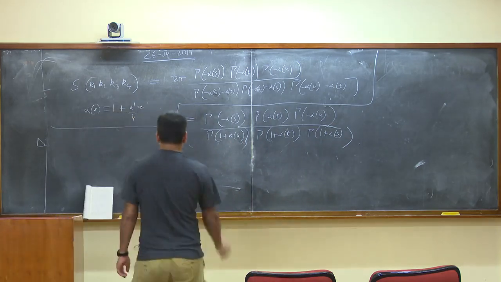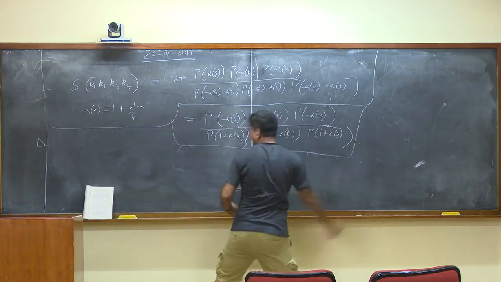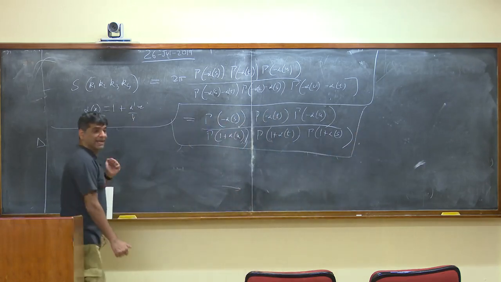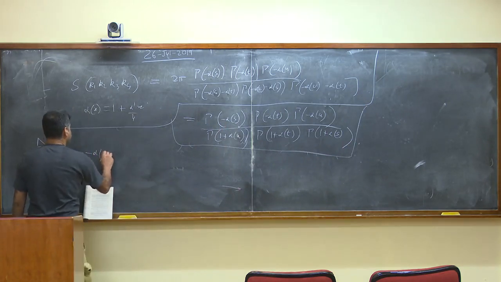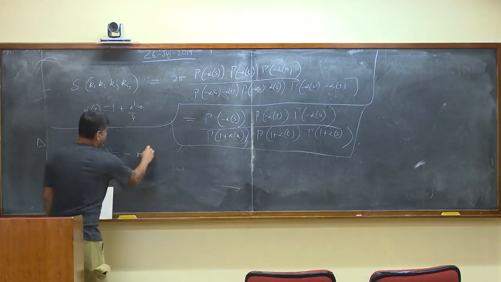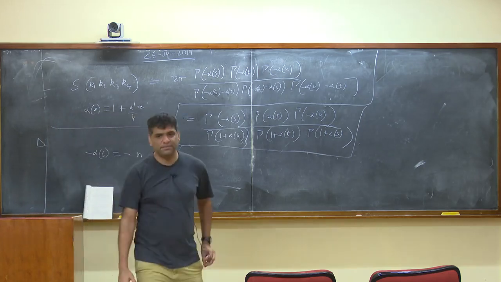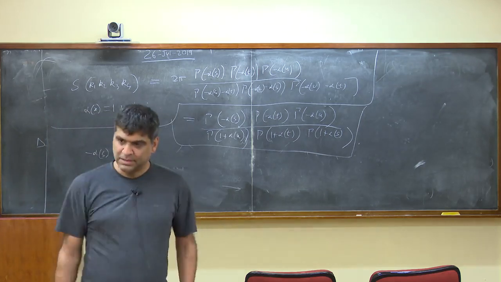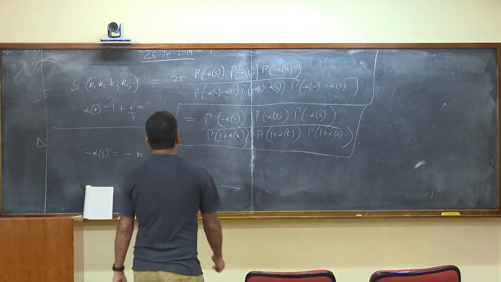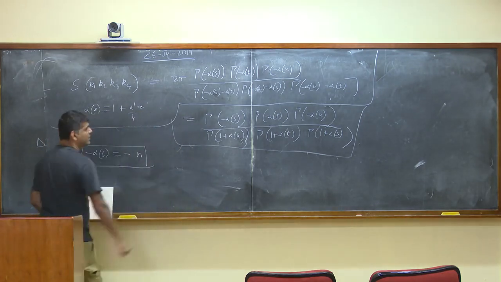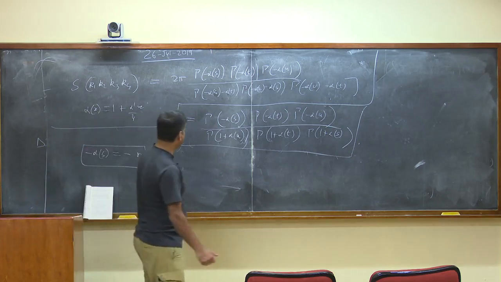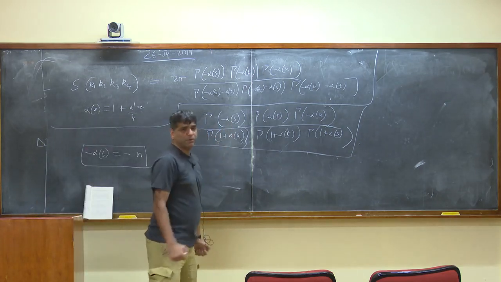Okay, so now let us look at the poles in S. The poles happen whenever minus alpha of S is equal to minus n, where n is any value. We'll figure out what this means in a moment, but even before that, when that happens, let's compute the residues of the pole.